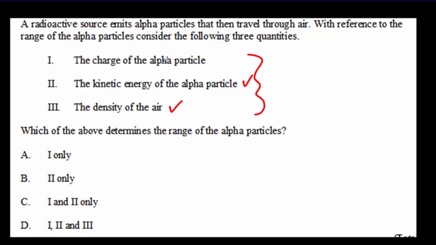And 1 here, the charge of an alpha particle, well, you might say no, because all alpha particles have the same charge. But on the other hand, charge definitely affects the ability of particles to penetrate farther. So we're not sure about that one. There is no answer down here that says just 2 and 3. Therefore, the best answer, the correct answer, is going to be D. 1, 2, and 3 are all true.